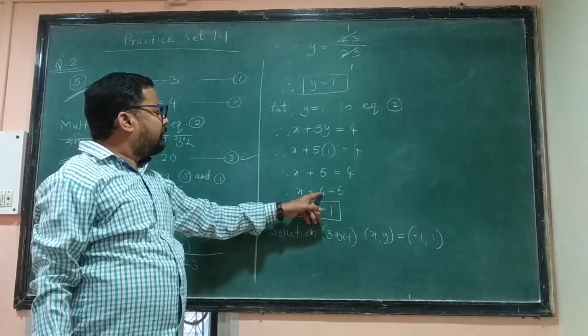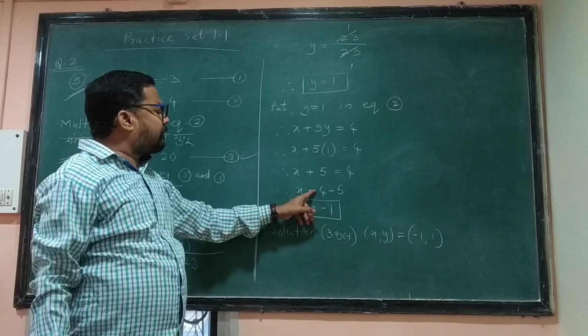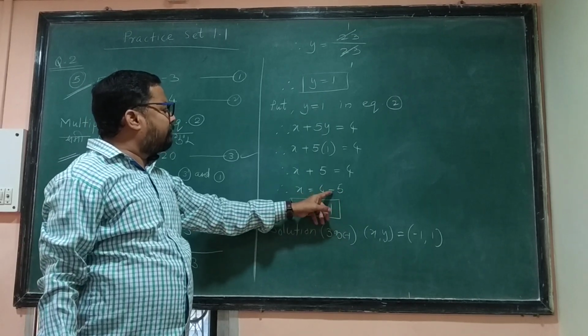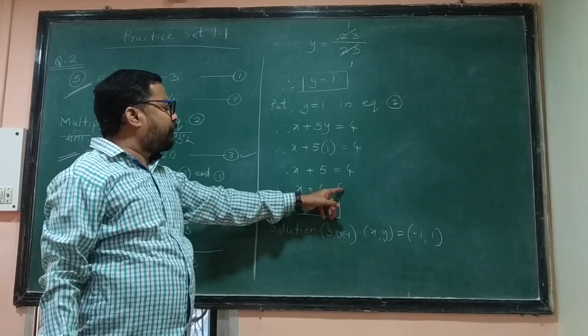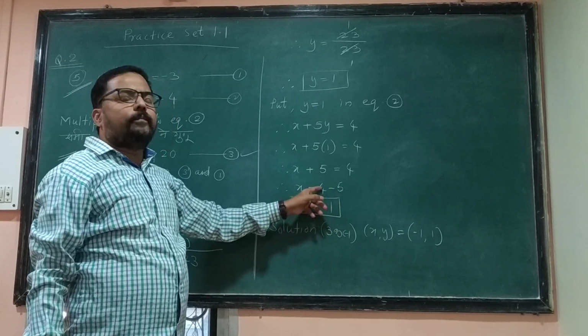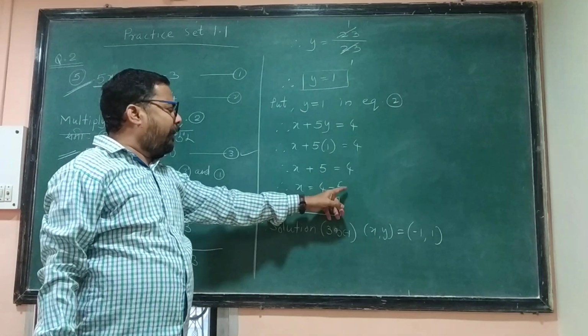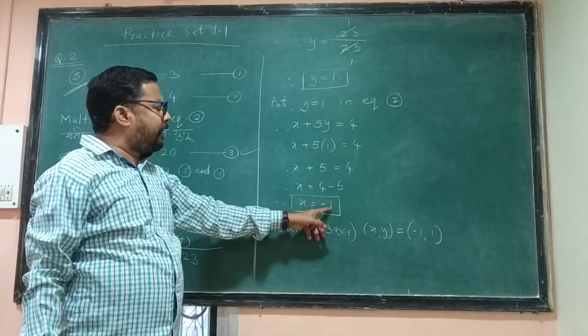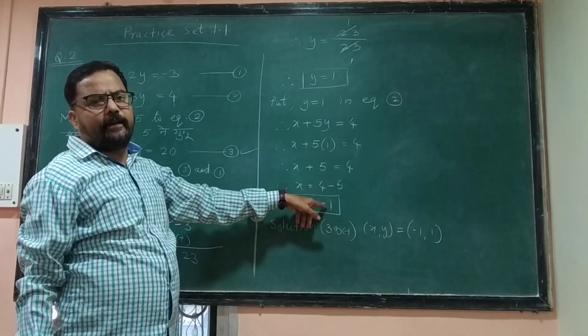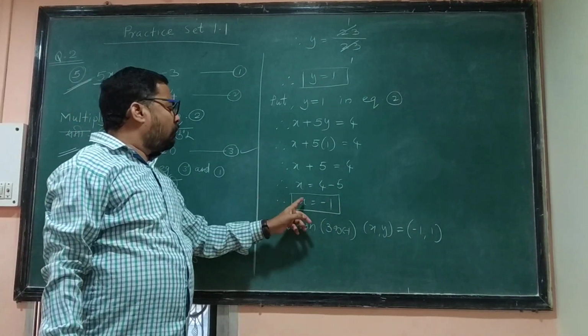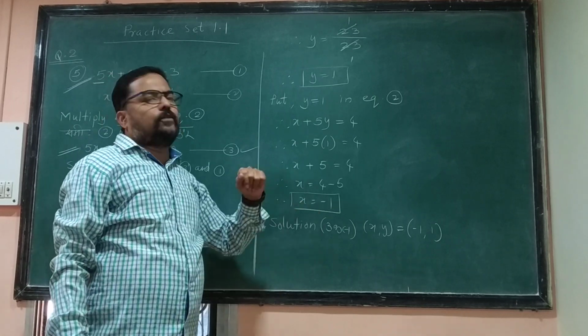That's why, see, the sign of 4 is plus, the sign of 5 is minus. The signs are different. That's why we have to make the subtraction. 5 minus 4 is equal to 1 and the sign of the greater number. That's why we have found the value of x is equal to minus 1.